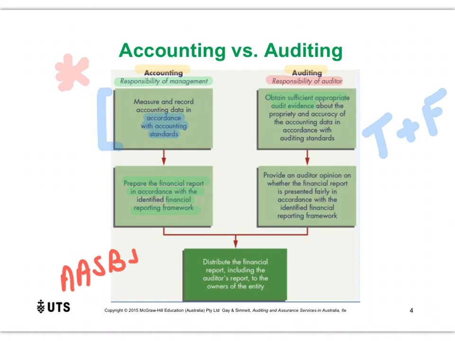Remember, what does that mean? It means does the information present a true and fair view of the business? Is it a true reflection of what has happened in the business? And has the information been prepared in accordance with the financial reporting framework, in accordance with the AASBs?